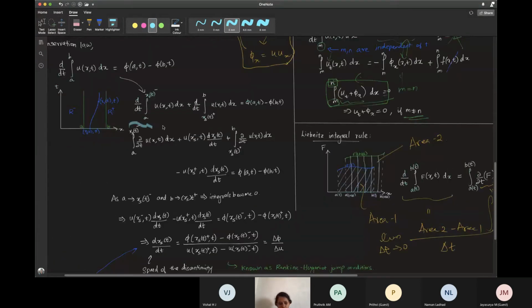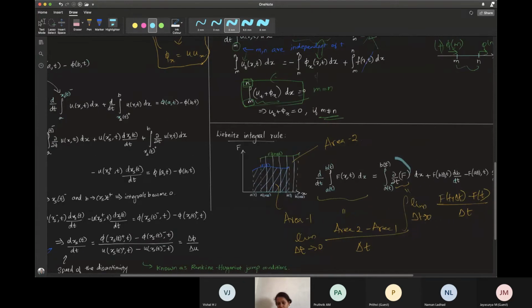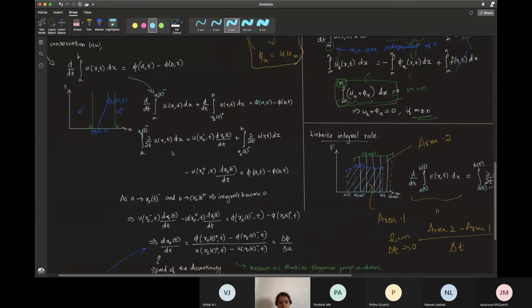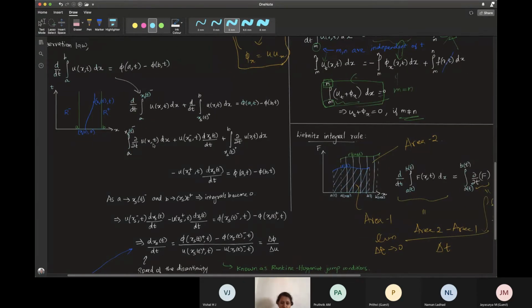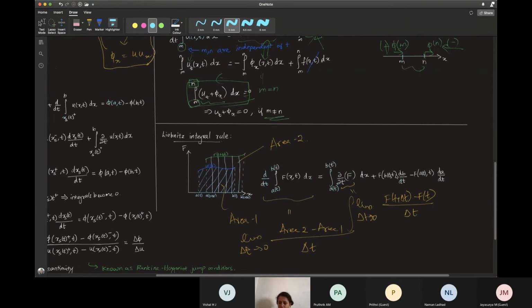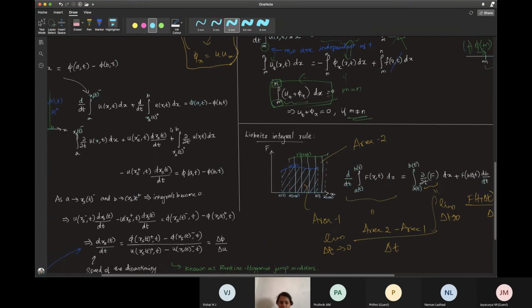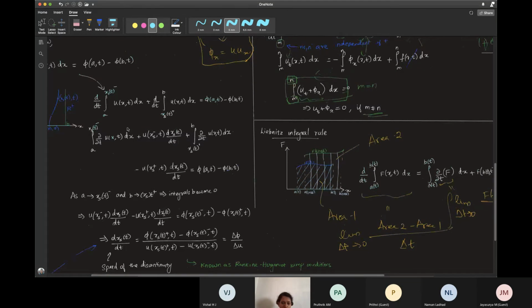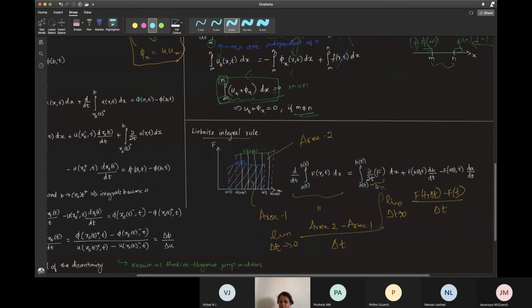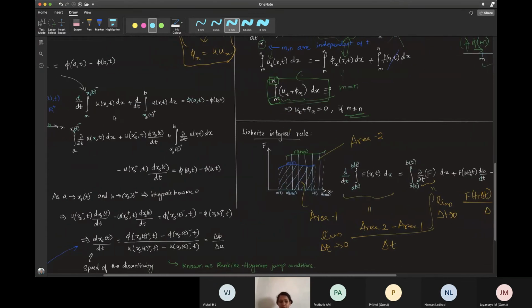The first integral, we have it over here, the partial derivative with respect to t of u(x,t) dx. Then the first quantity that we are adding is over here. It is u(x_s minus, t) times dx_s by dt.